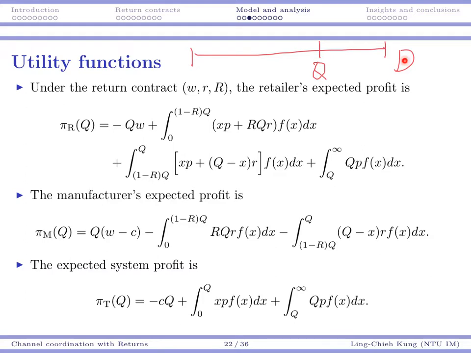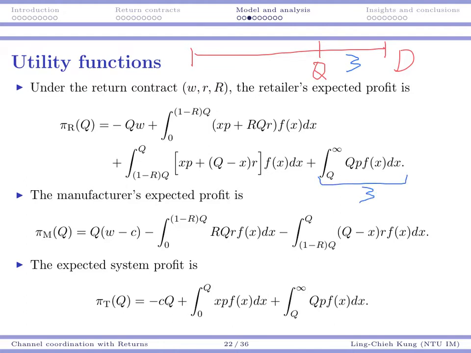If the demand is greater than the order quantity, then I'm going to sell everything, and the sales quantity will be capital Q. So I will earn this amount with probabilities for demand to be greater than capital Q. Okay, so this is the case in region 3.